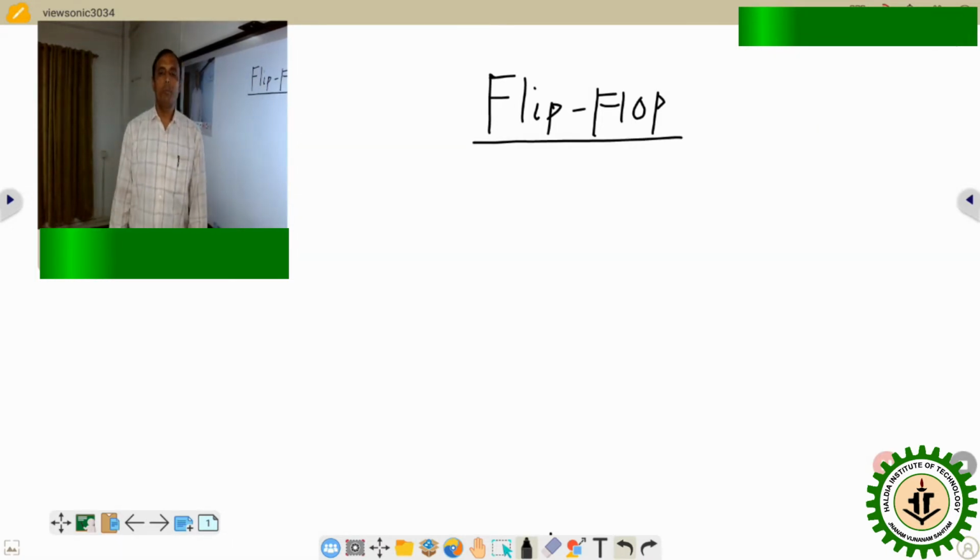So what is flip-flop? Flip-flop is a very important sequential device which is used to store binary information data in digital electronics. Basically, flip-flop, we can say, is the fundamental of sequential circuit, because for every sequential circuit, whenever we want to design, flip-flop is required.